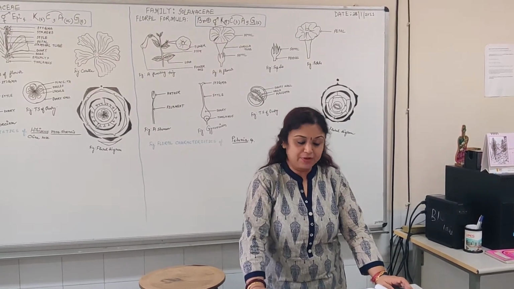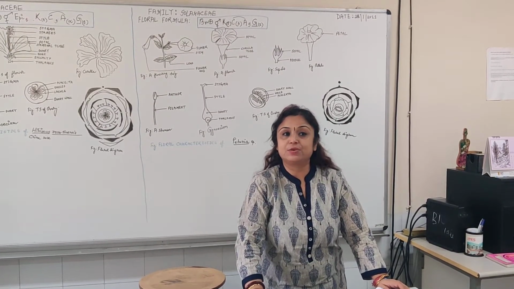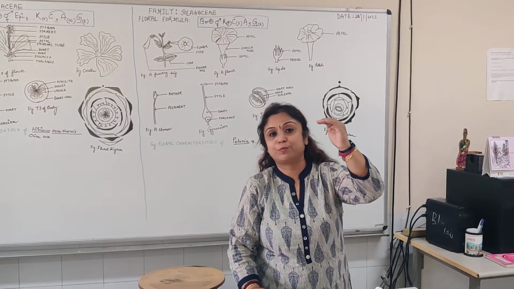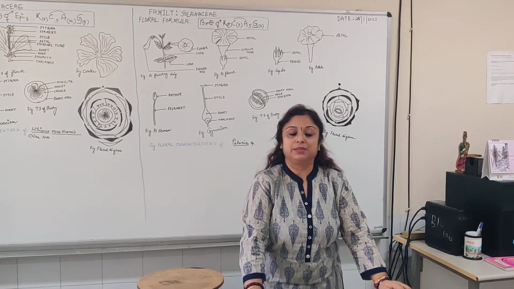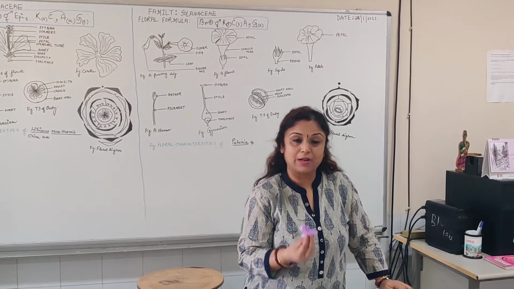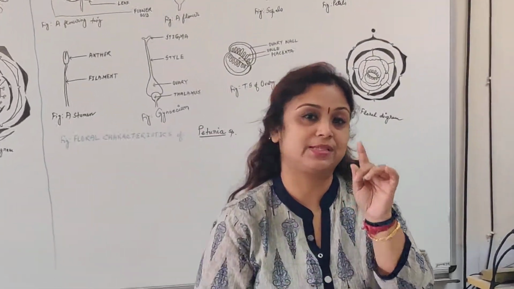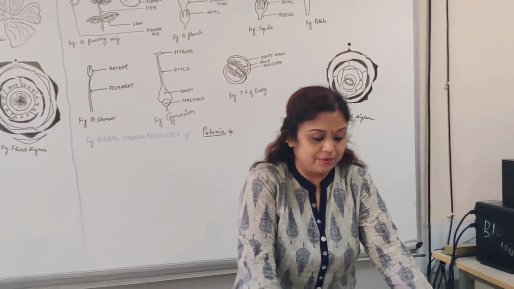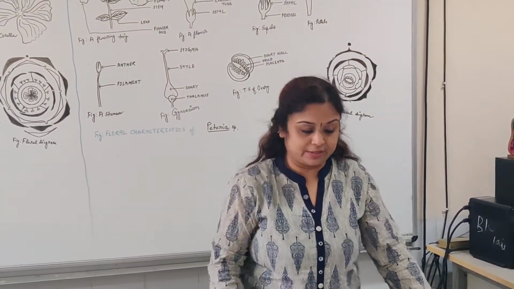Actinomorphic, hypogynous, which means superior ovary. The ovary is located at the superior-most position on the thalamus. Pentamerous, each unit of the floral whorl is present in multiples of 5, cyclic, and shades of white, violet, whatever color is being given.